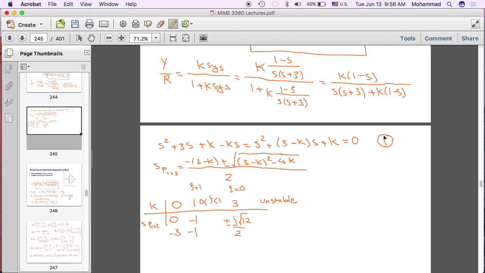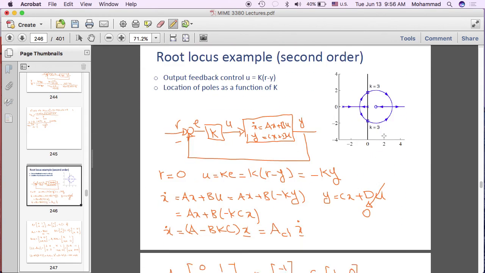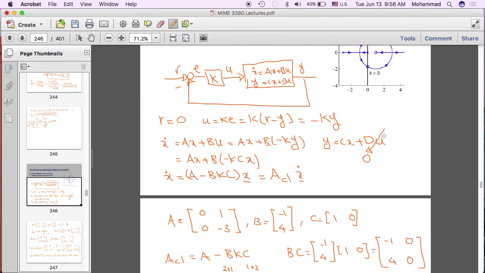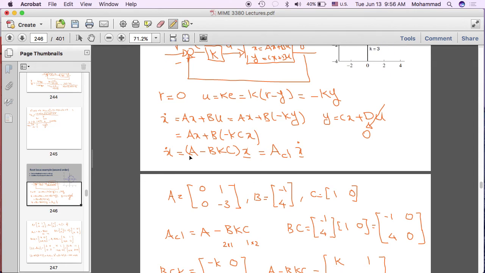To summarize, if you want to stay in the state space route, you need to create a closed loop A matrix, which for the proportional controller, and it's general, not specific to this system, is A closed loop equals A minus B times K times C, where B and C are parts of the state space model, and K is the controller gain.